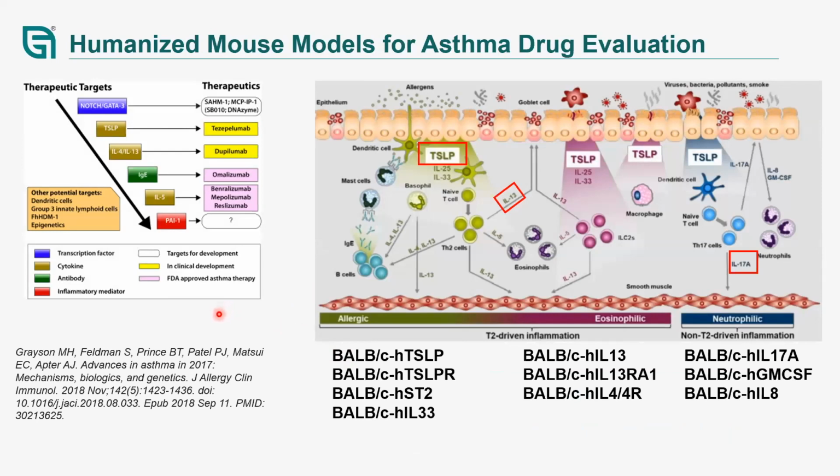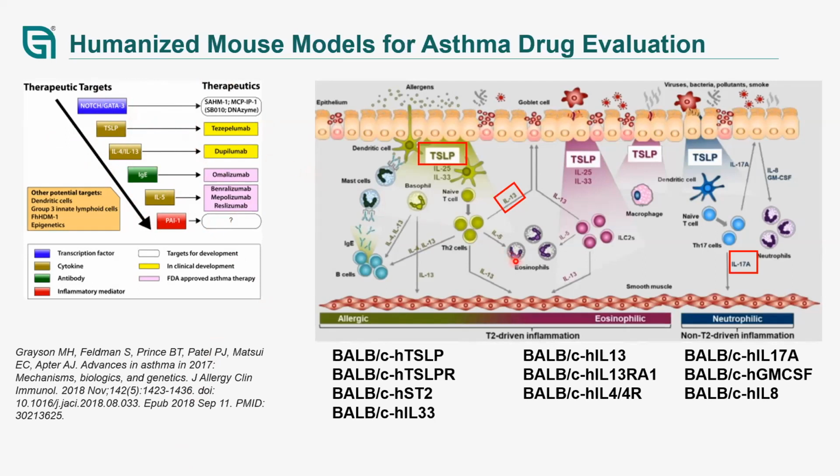So GPre-Clinical has developed a panel of humanized mouse models of the Balb-C strain background that can be used to model human asthma. Shown here, there are marketed therapeutics for asthma that focus on multiple proteins in the disease cascade, and GPre-Clinical has models for each of these steps along the way.